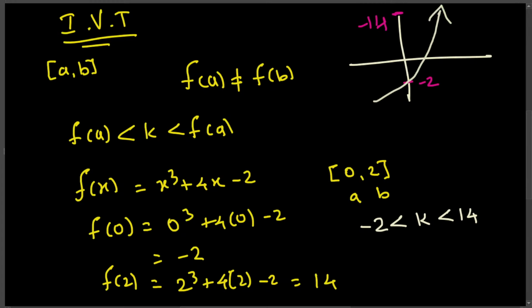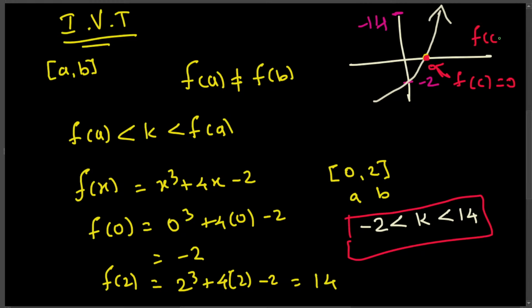And you can see at some point we are having a value of 0. So 0 is between this given interval, right? Negative 2 and 14. So we can say there's a value c that exists where f of c is equal to k. So we can say k is 0 here.